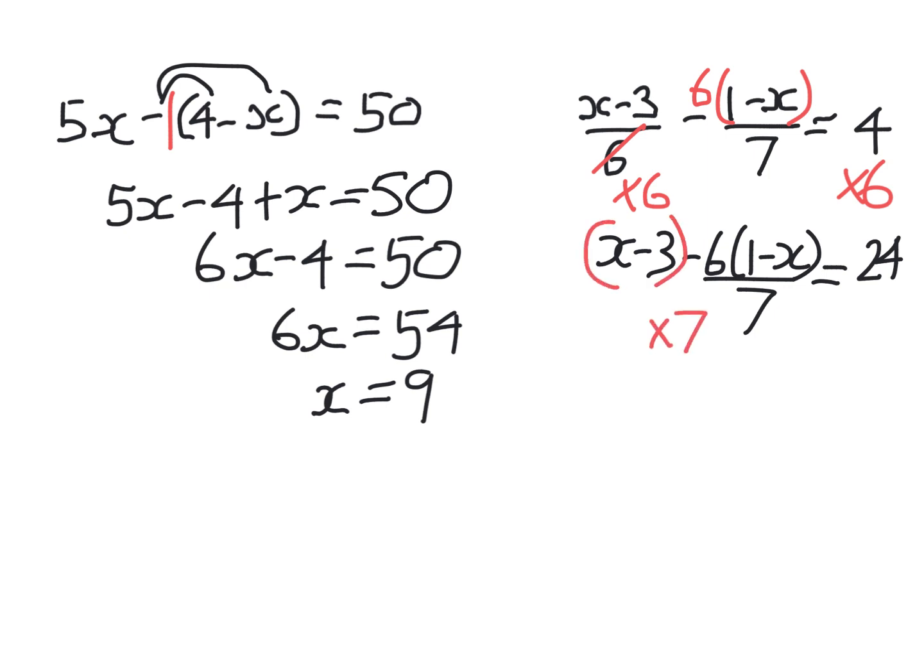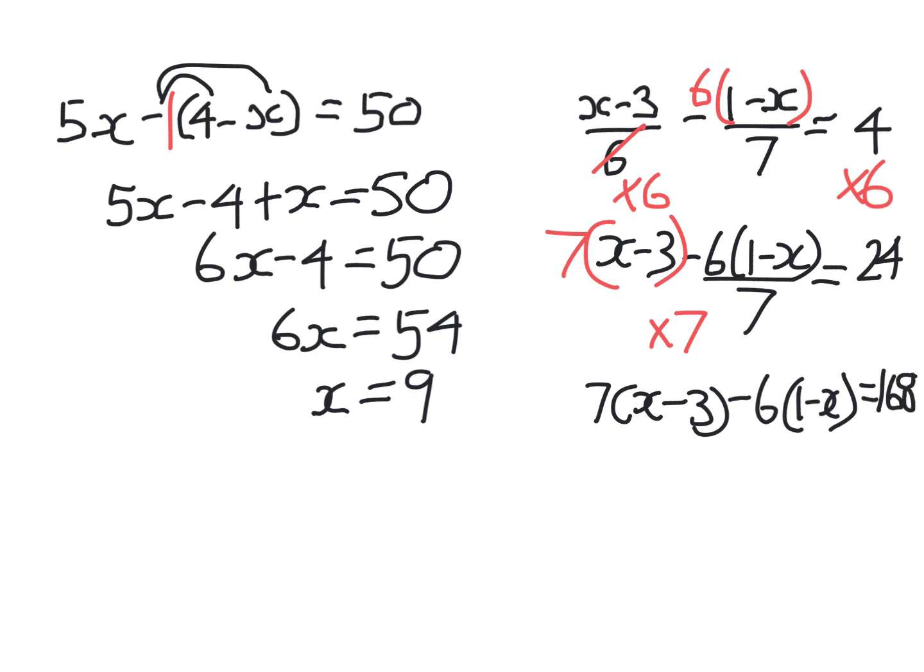I need to multiply that by 7, and I also need to multiply this fraction by 7. So I get 7 outside of x minus 3. Now when I multiply this fraction by 7, the denominator just goes away. So I'm left with minus 6 outside of 1 minus x. And of course, what you do to one side, you must do to the other. So I'm going to times 24 by 7.